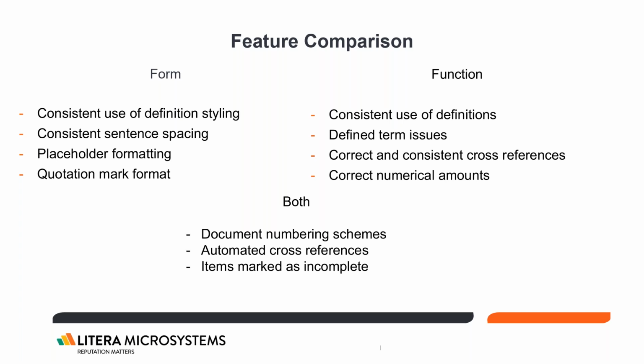So there's benefits from each camp here. So document numbering schemes: the way things look is one thing, but document numbering schemes do so much more than that, and that's why I've included it in this bucket. The automation of cross-references is something that we always advise upon. It's better to have something automated so that if you move parts of your document and things change, your references are up to date.